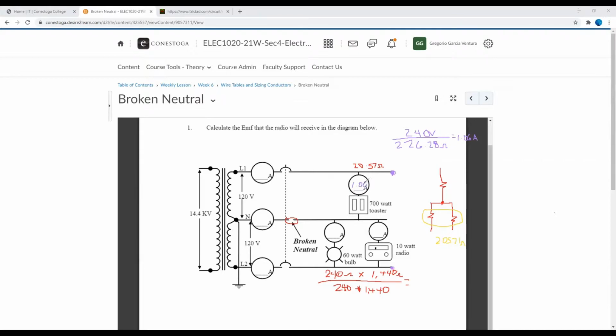And since we know the current and the ohmic value for this toaster, which is 20.57, once more we are going to use the power formula: power is equal to I squared R. Also, we can use the formula that voltage is equal to I times R.